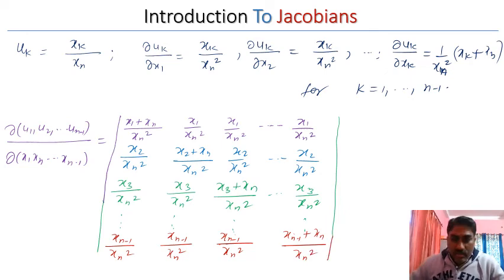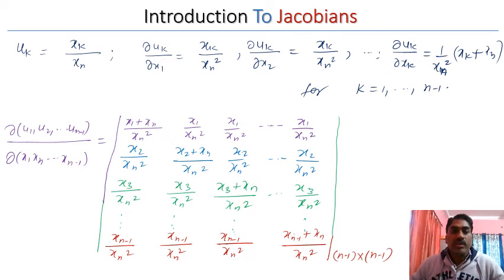So as a first thing, what you can do is take 1 by xn square common from all the n minus 1 rows. So you will get this is n minus 1 cross n minus 1. So take 1 by xn square common, either from all rows or from all columns.